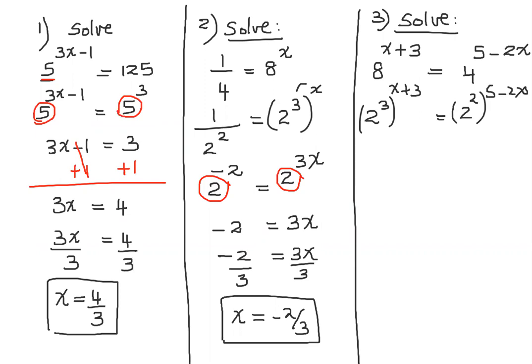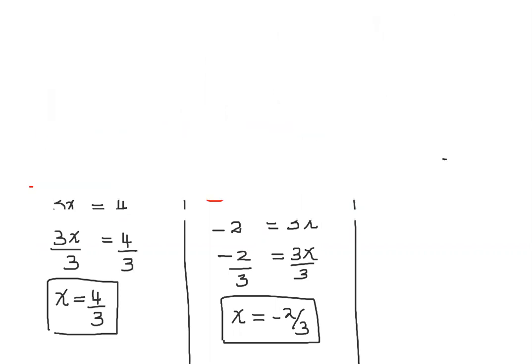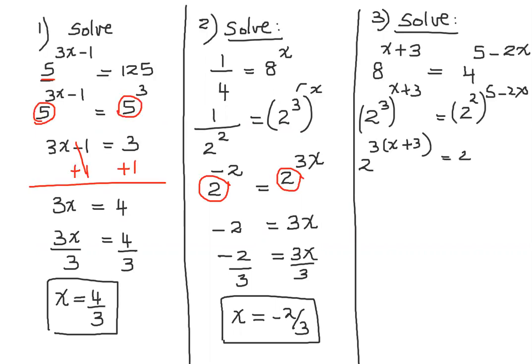When you have to multiply the powers, we get 2 to the power 3x plus 9 equals 2 to the power 10 minus 4x.